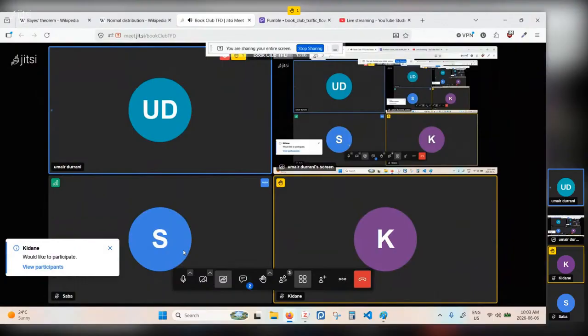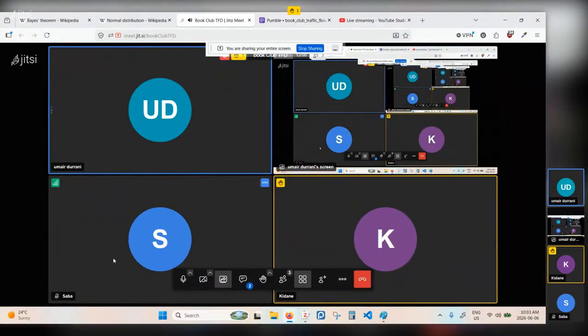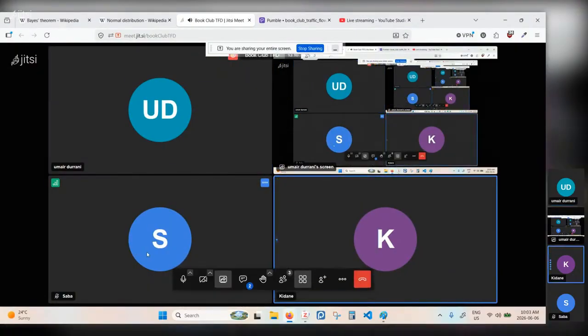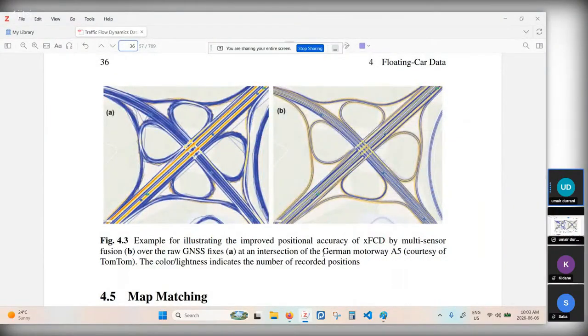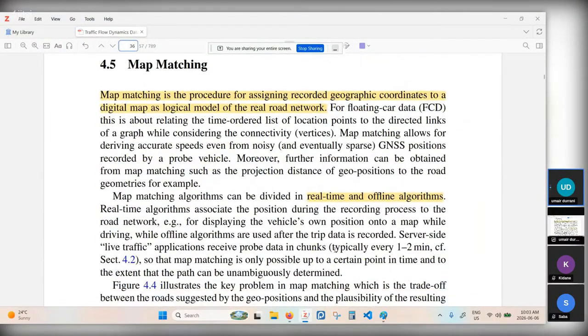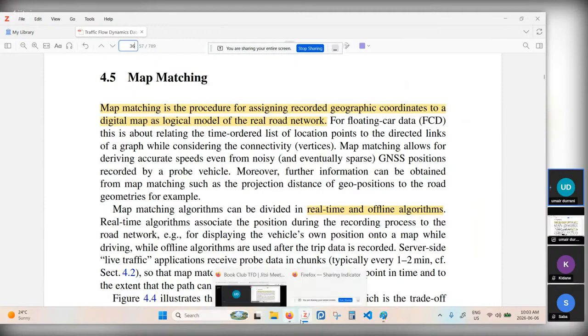I think there's a question. Yeah, I don't think your screen is viewable. Sorry, I think there's a problem with your sharing your screen. It's black. Okay, just a second. Do you see my screen for map matching now?